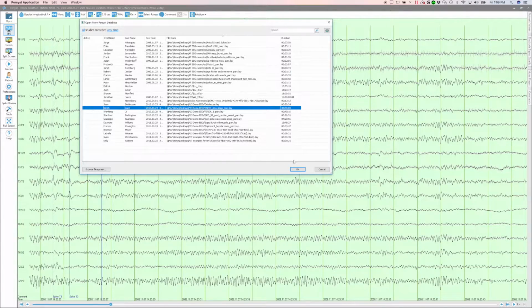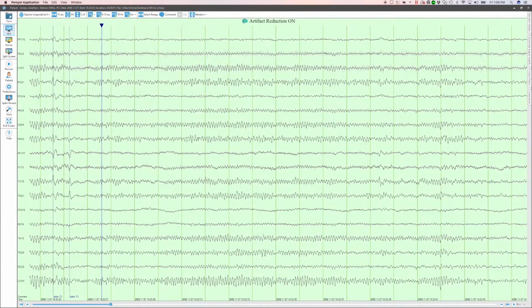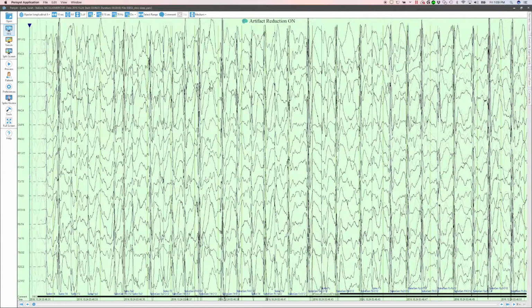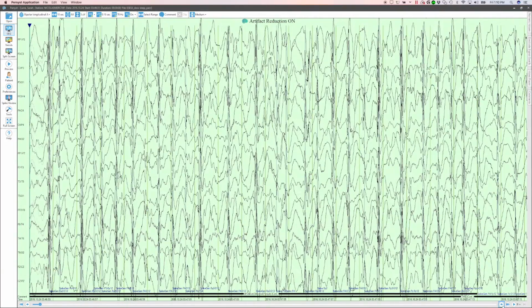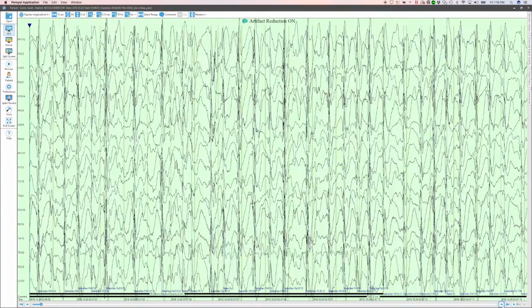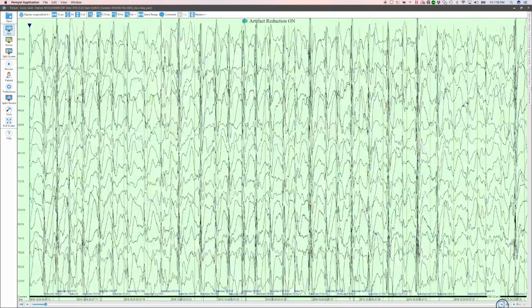I'm opening a status epilepticus and sleep case. These frequently require hand marking to determine the spike rates. This record has been marked by Persyst 13, and as you can see, the spikes are very consistently marked.